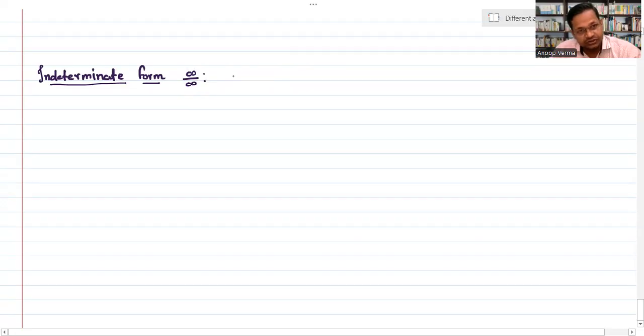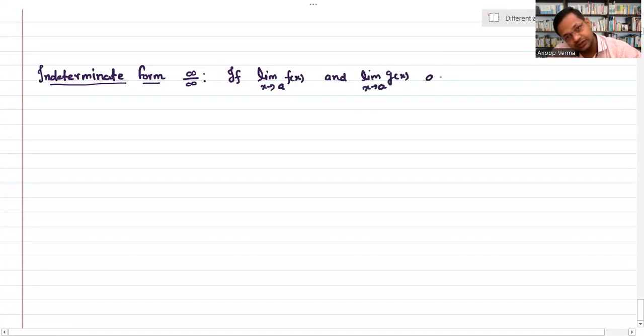लेट अस सी। सो वी हैव द रिजल्ट: if the limit x tending to a of f(x) and the limit x tending to a of g(x), both are infinite, then what we get?